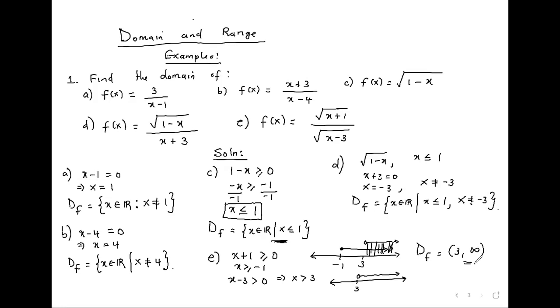So now this function is not complete. It will also work when, because this can also be written as the root of x plus 1 over the root of x minus 3, it will also work when x plus 1 is less than 0 and when x minus 3 is less than 0.